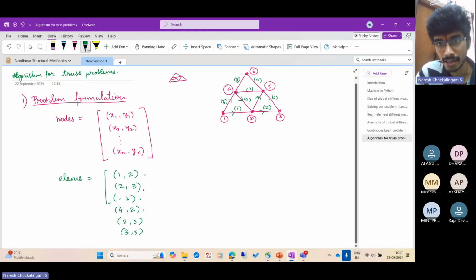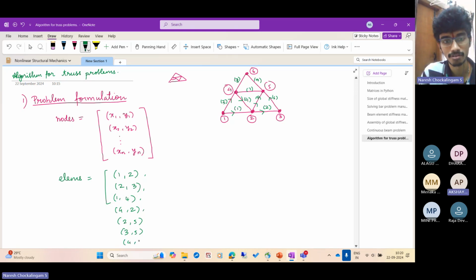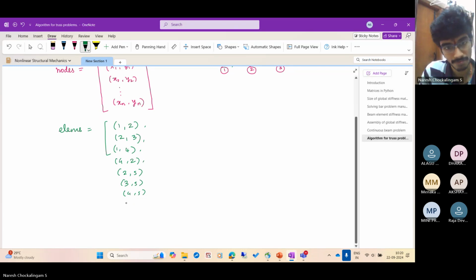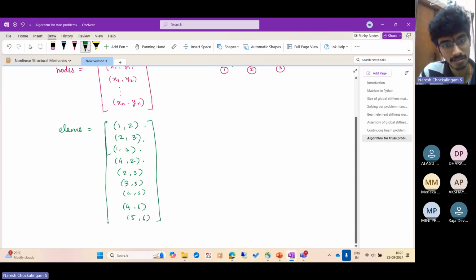So have the orientation correct. So it's 2, 5, 3, 5. Seventh element is 4, 5. And then eighth element is 4, 6. Ninth element is 5, 6. So this is the element information for this truss.